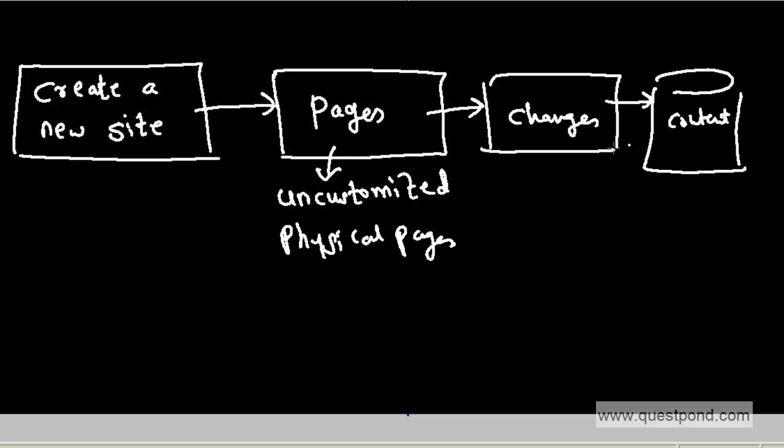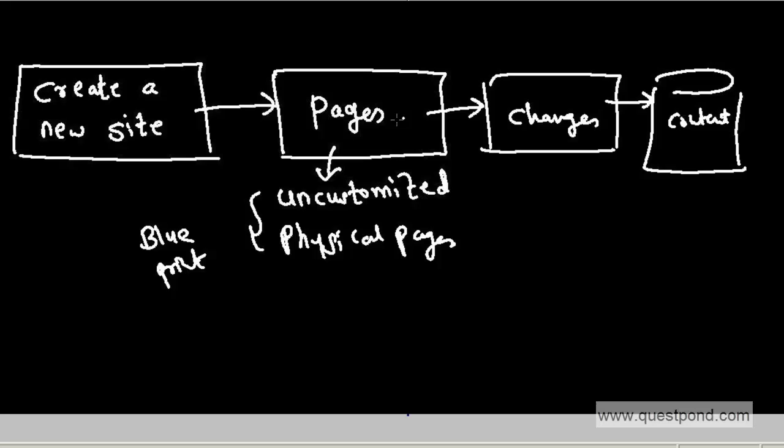So you can think of these physical pages or uncustomized pages as a blueprint which cannot be changed, and whenever you make changes, they get stored in the content database. Now if anyone requests these customized pages, the pages which you have changed, it will take these changes, take this blueprint, tie them together and send it to the end user.